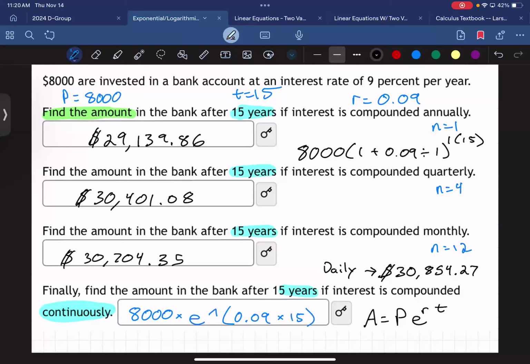I think with that one, what did I get? And here you'll see that going from daily to continuously itself is even smaller of a change.